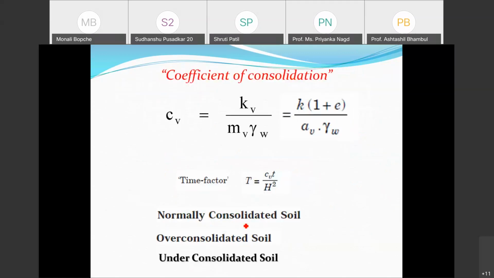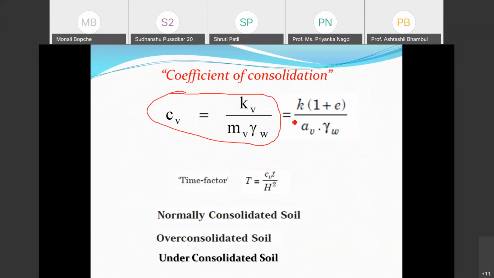Now, you can also find out the coefficient of consolidation Cv by using the one-dimensional consolidation test. Already I have shown you the approximate method for identifying the coefficient of permeability. This was the same equation which I showed you earlier, that Cv is equal to k upon mv into gamma w.